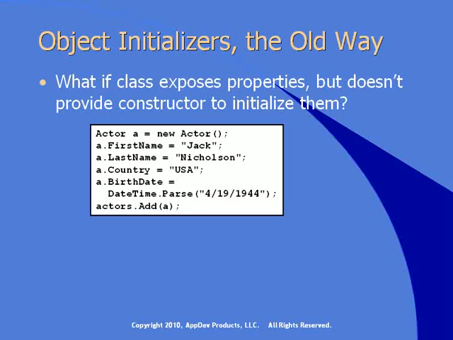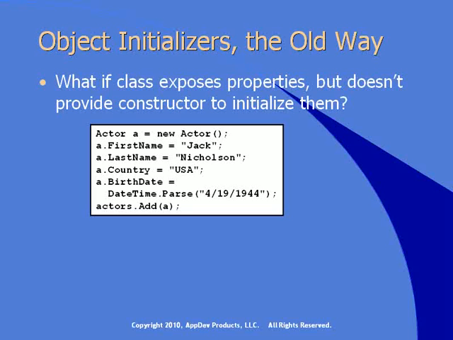Well, there's no new information on this slide. We say Actor a equals new Actor. Now, I could have used the var keyword rather than the Actor type definition there. Either one would have worked fine, and you can see that using the var keyword would not have provided any loss of information, because on the right-hand side of that equal sign, it's pretty clear we're creating a new actor.